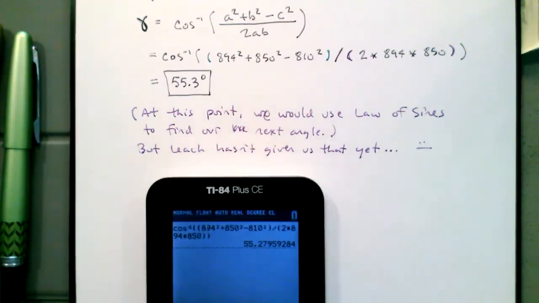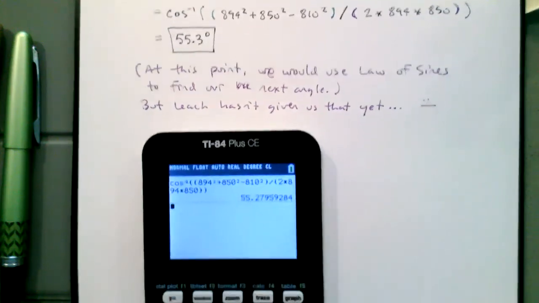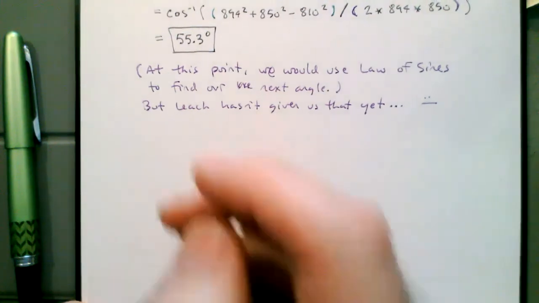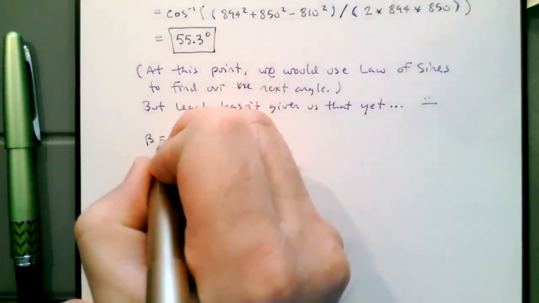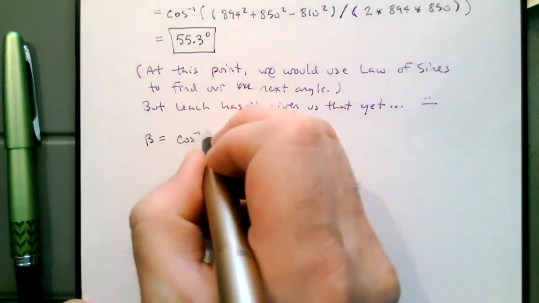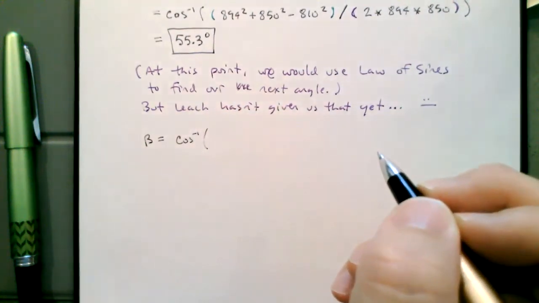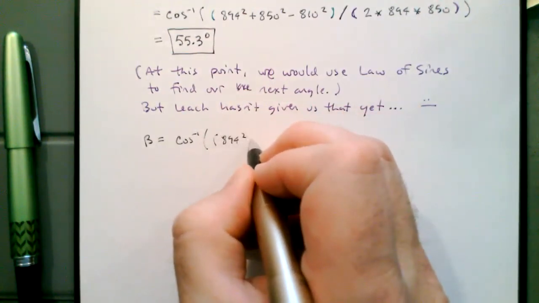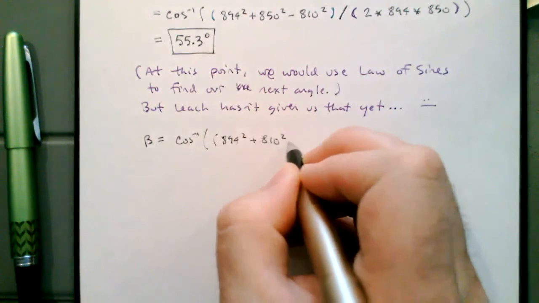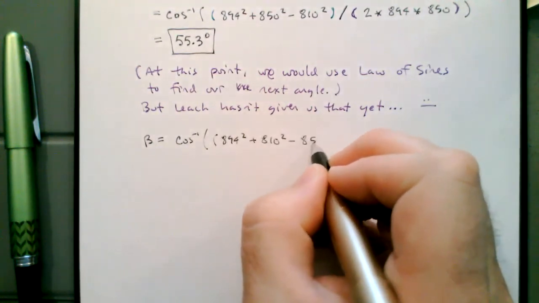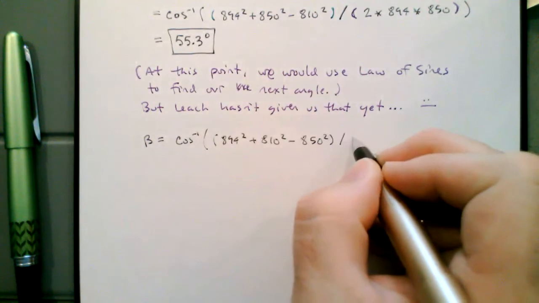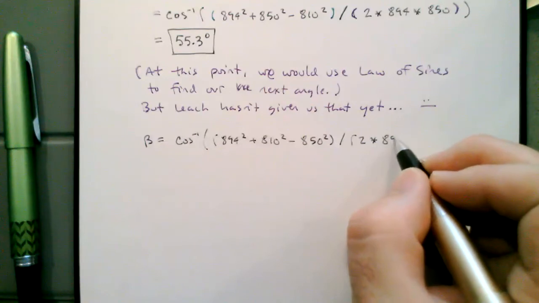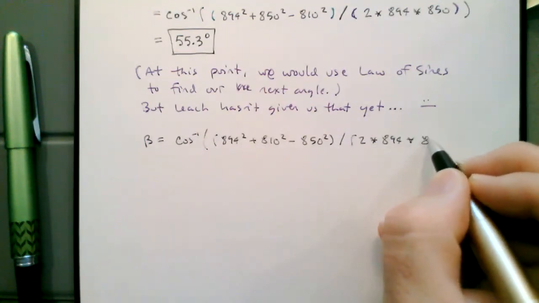But we could just rearrange this and say find angle beta. And that will be just the cosine inverse of a squared plus c squared minus b squared, divided by 2 times a times c.